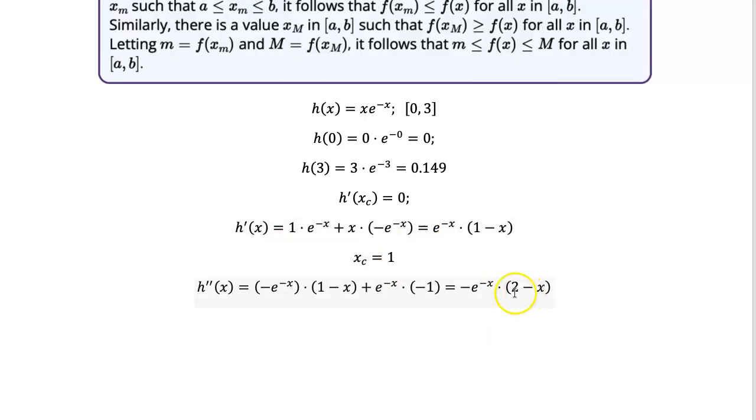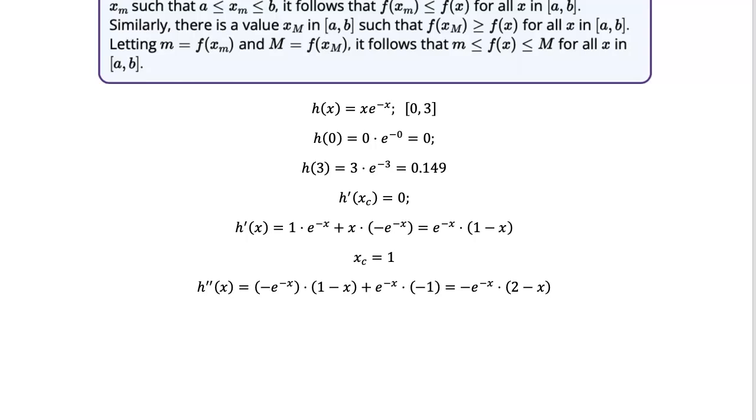At the critical value of 1, it is negative, all right? So 2 minus 1 is just 1, times minus e to the minus x. And so it is concave down at that point, and so we know that we have a maxima at x equals 1.